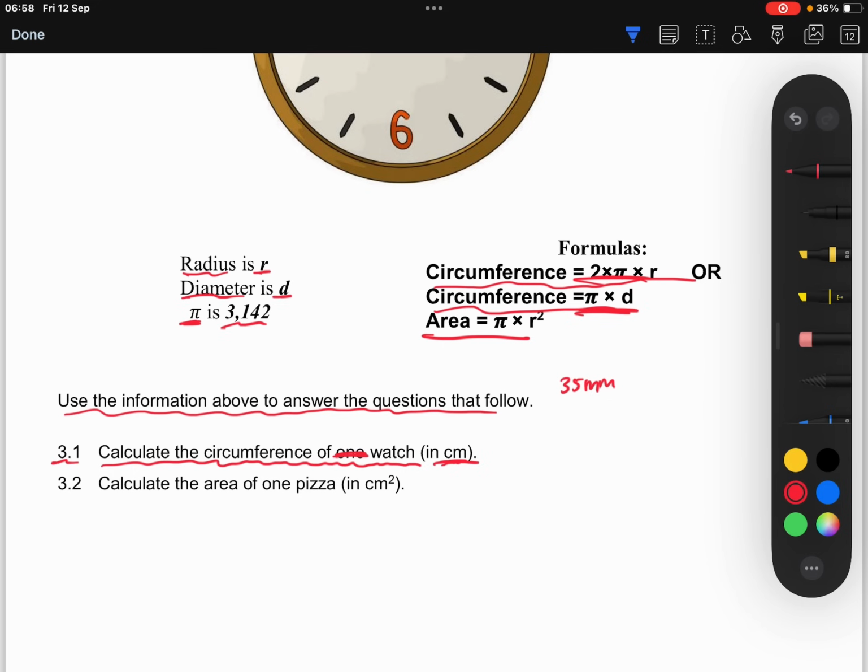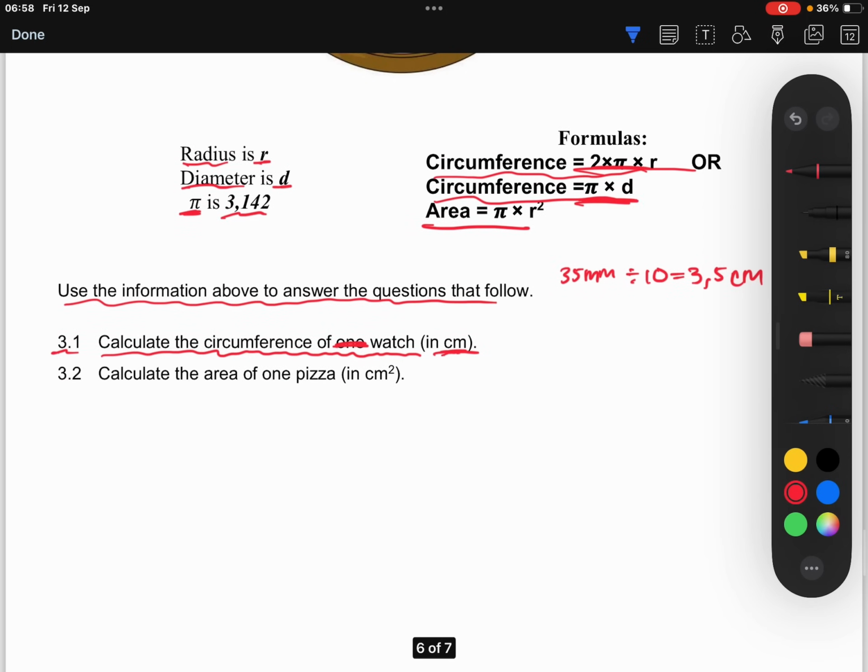That means we times by what? We're not timesing, we divide by 10. So it's going to be 3,5 centimeter, right? 35 divided by 10 is going to be 3,5. Let me double check. 35 divided by 10. Yeah, it's 3,5.